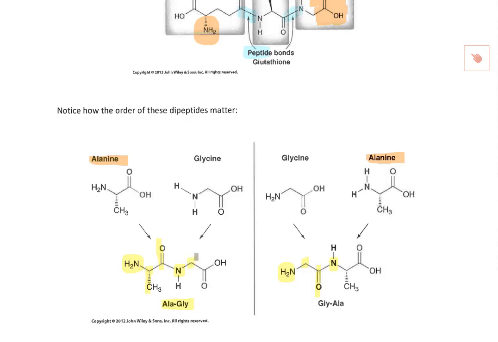And then I have a carbon with no substituents. Oh, and then I have a carbon with a methyl. And then I have my carboxylic acid and my carboxylic acid. So these are definitely not the same compound. It looks like they have all the same components. They're just connected differently. I feel like there's a word for that.